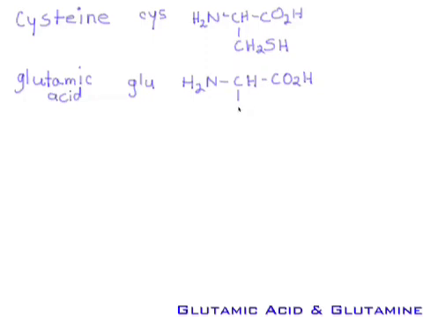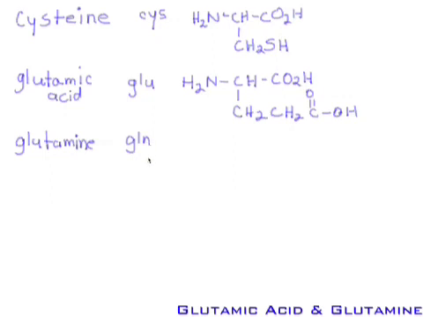Aspartic acid had 1 CH2 and then the carboxylic acid. Glutamic acid, it's 2. And just like aspartic acid had the related amide asparagine, glutamic acid has the related amide glutamine. Again, we could not use GLU twice, so like asparagine, we use GLN as the abbreviation.